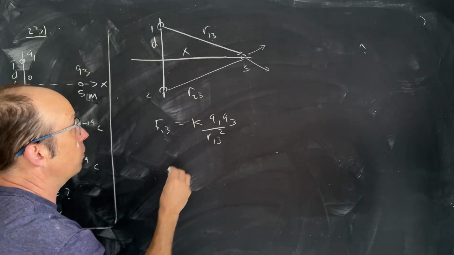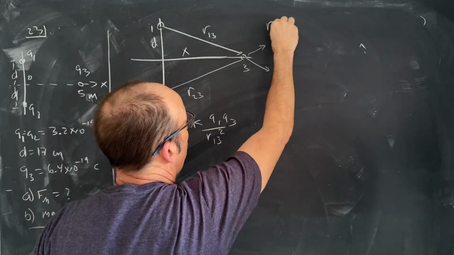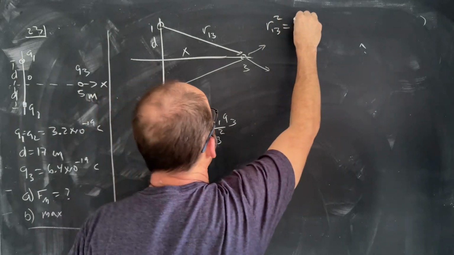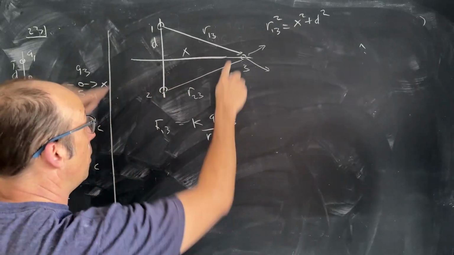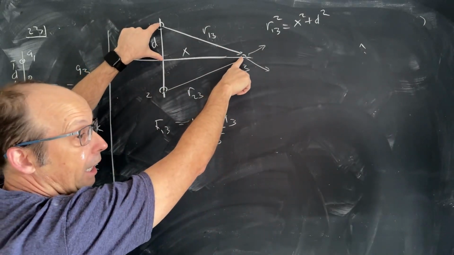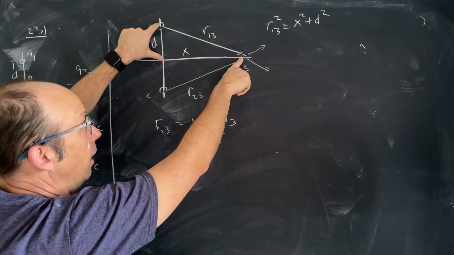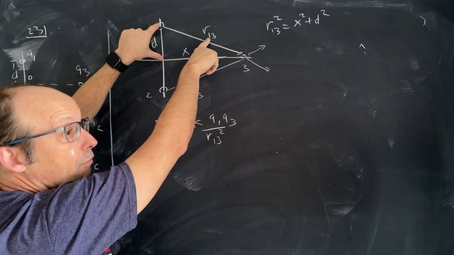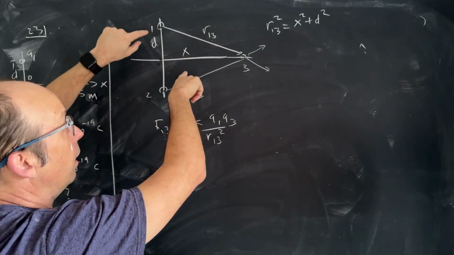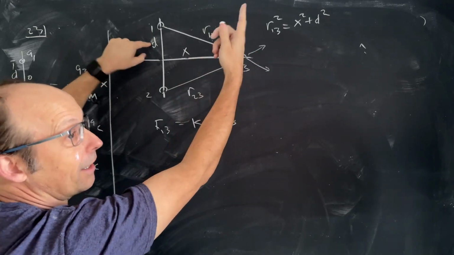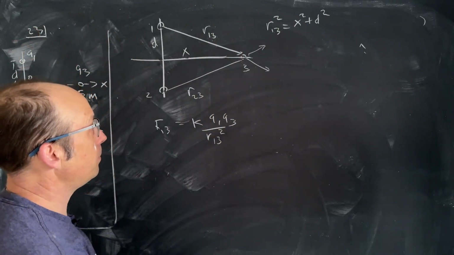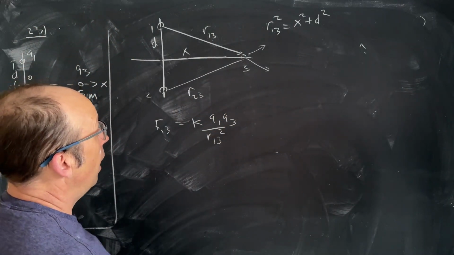So R13 squared is going to be equal to x squared plus d squared, right? Because I have here a right triangle, and so R13 would be the square root of x squared plus d squared, but then I need to square it, so I just get that.